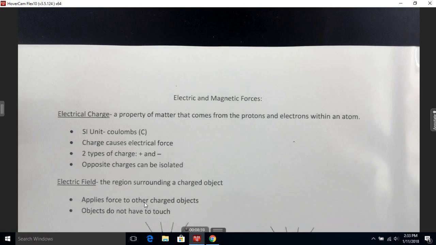You can break the magnet down into tiniest little pieces and you still have a positive and a negative in one. So that's the main difference. In an electric, the charge can be isolated. Magnetic cannot. You will always have a positive and a negative side to a magnet.